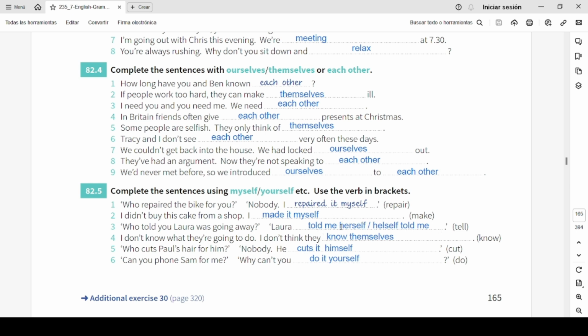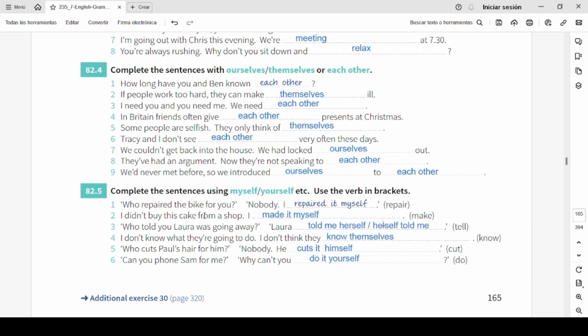Remember, if you put herself at the end, it is the same meaning as if you put the reflexive pronoun after the subject, right? Sorry, it's my bad, it's my fault. Anyway, I'll fix it.